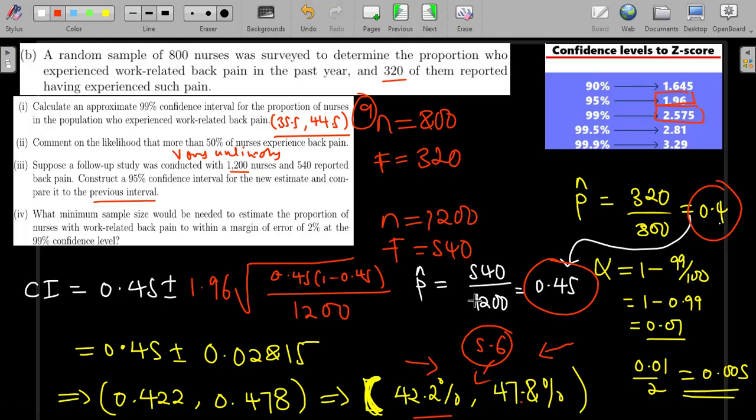We can also say that the two intervals actually overlap. So the change is plausible and consistent with sample variability, but the new study suggests a higher proportion than the first one. We have 0.45 there, and 0.4 there.